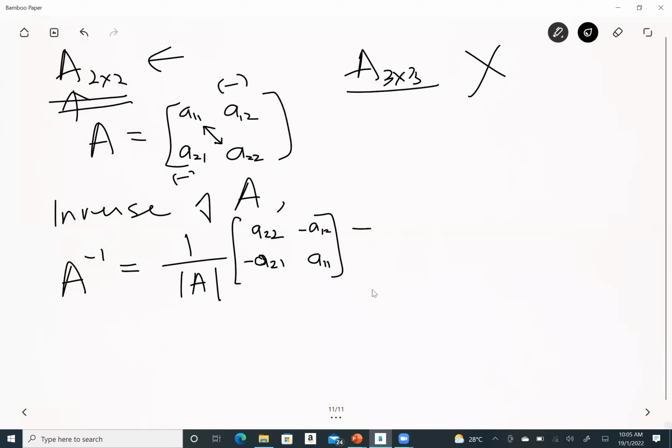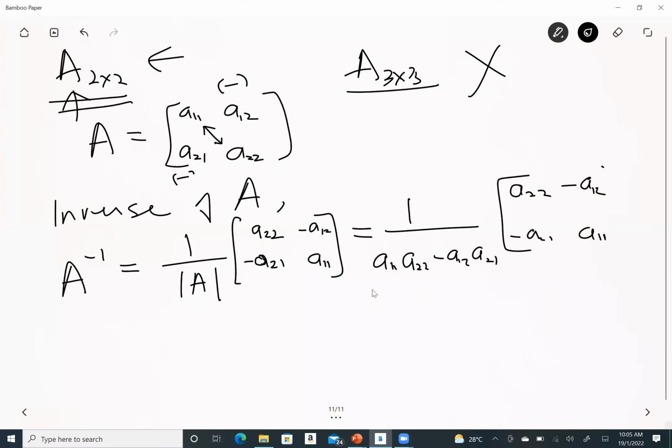Now what is the determinant of A? We already know that will be A11 A22 minus A12 times A21. And then multiply with the matrix A22, negative A12, negative A21, A11.